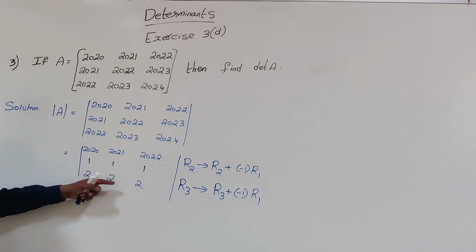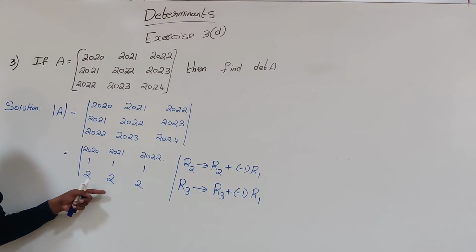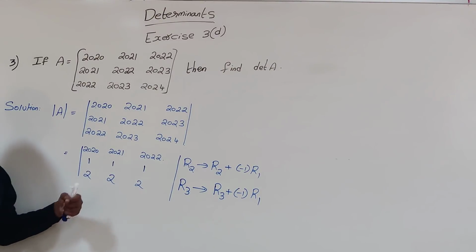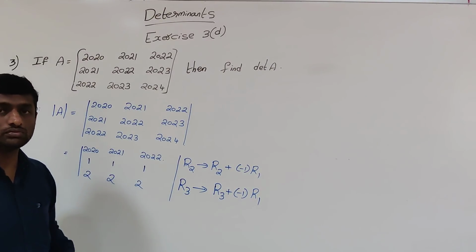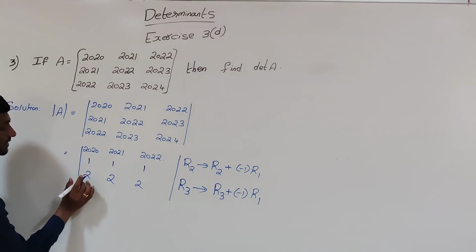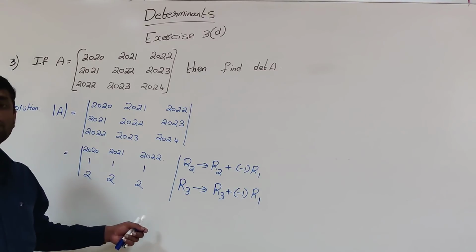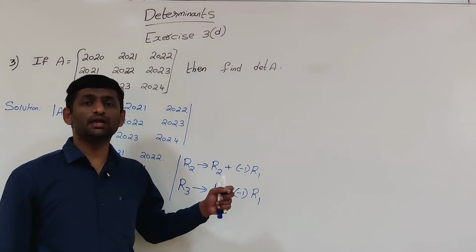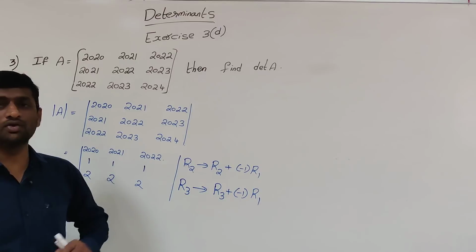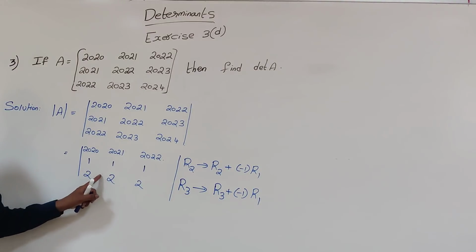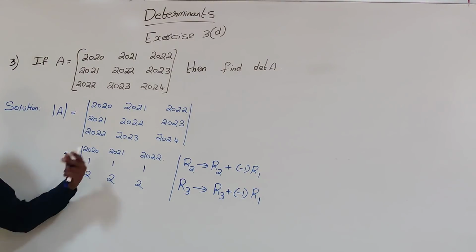Now every element of row 3 is a multiple of 2. So we can write 2 into 1, 2 into 1, 2 into 1. There is a property: if every element of a row is a multiple of k, then the determinant of this matrix will be k times the determinant.